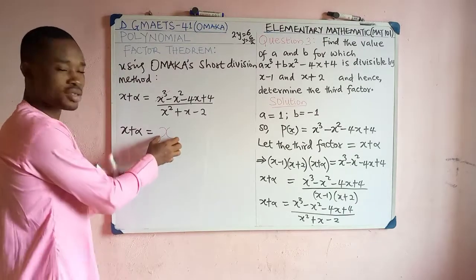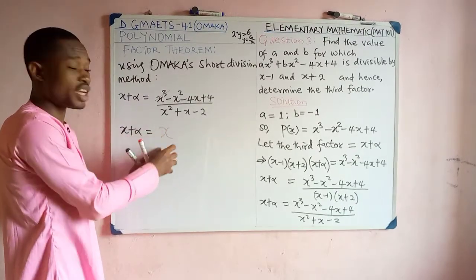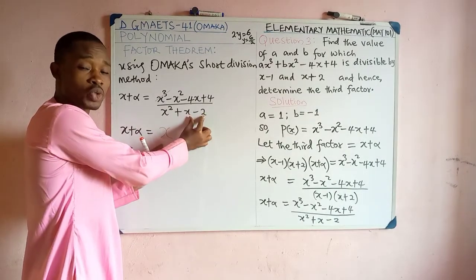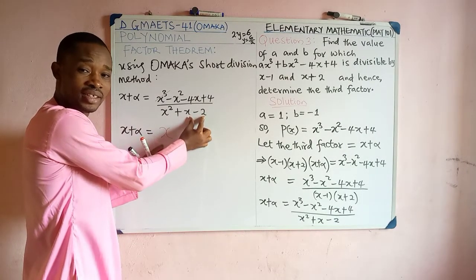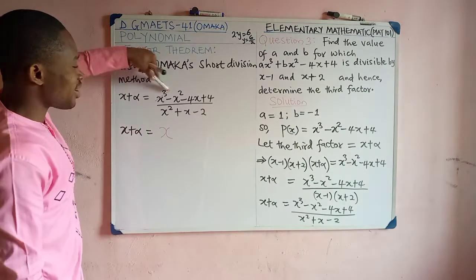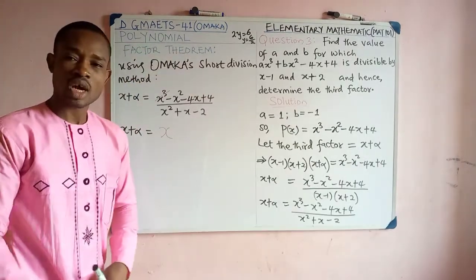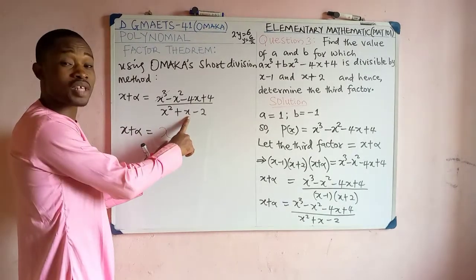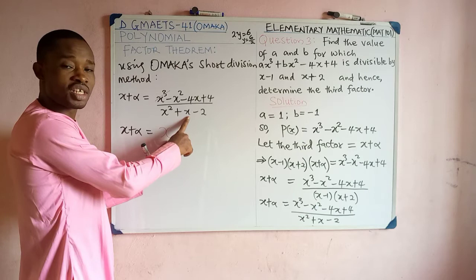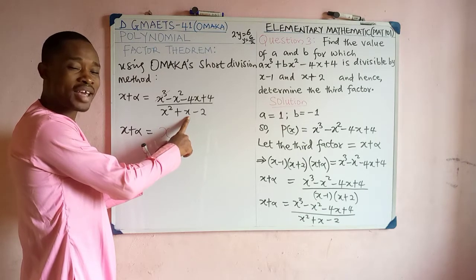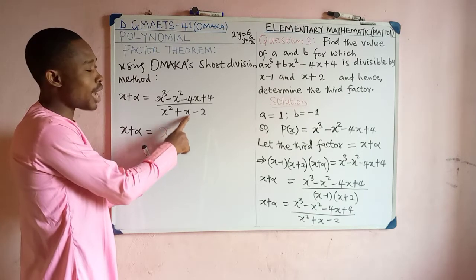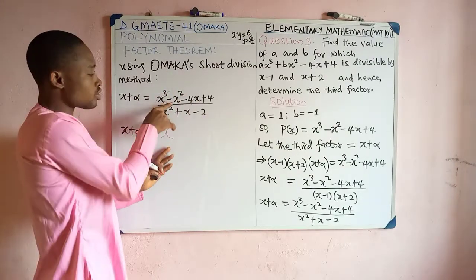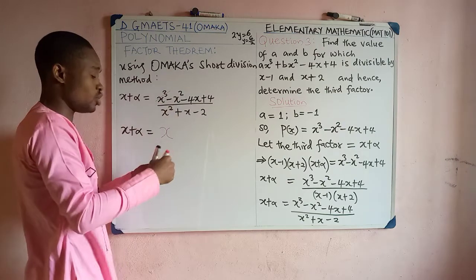What do you do with this x? When we treated this, we said you're going to use the x to multiply the other terms that didn't take part in the division process. Change the sign and then add it to its like term in the numerator. So I'll be fast in doing that. Let's go. X times this plus x will give us plus x squared. Change the sign of that plus x squared, you get minus x squared. So add it to the x squared on top. Minus x squared plus minus this x squared in the numerator.